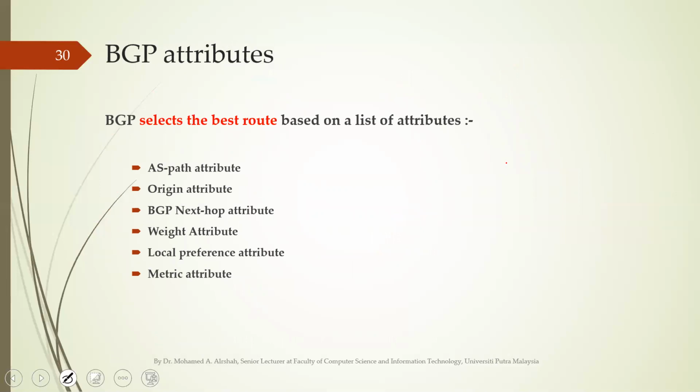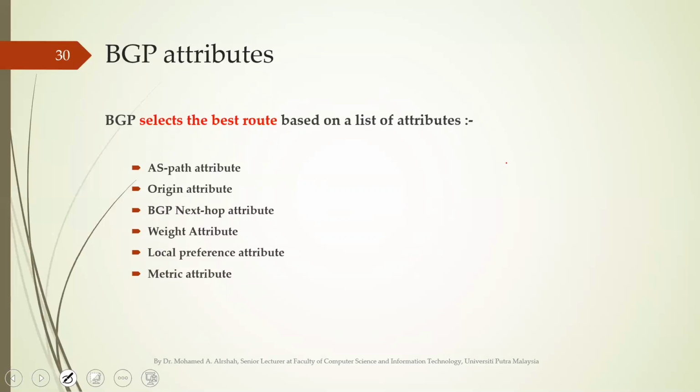Okay, now we have another thing, which is the BGP attributes. BGP attributes are the attributes used by BGP to select the best route. If you remember, when we studied OSPF, we learned about some attributes like cost, preference, and priority, and so on. Here we also have some attributes for BGP, but maybe different from the other protocols.